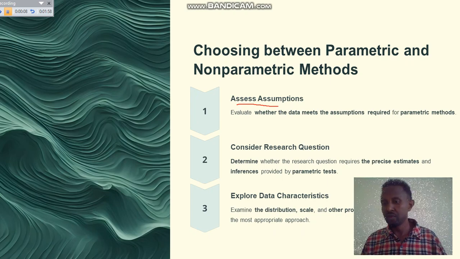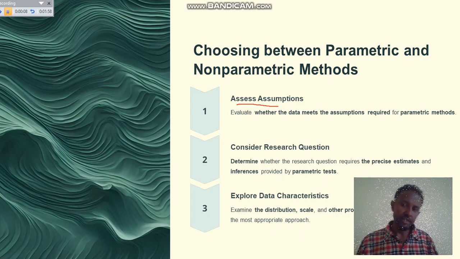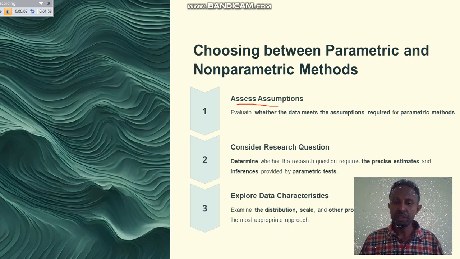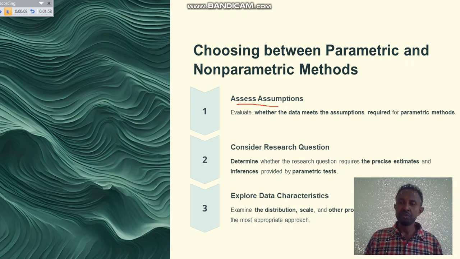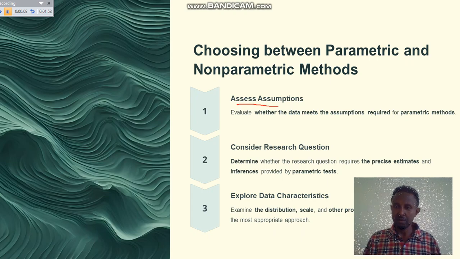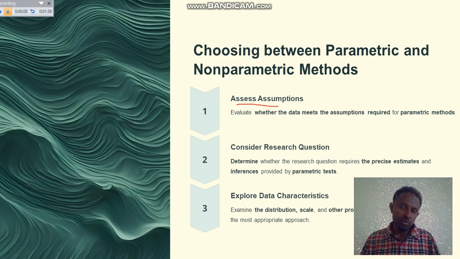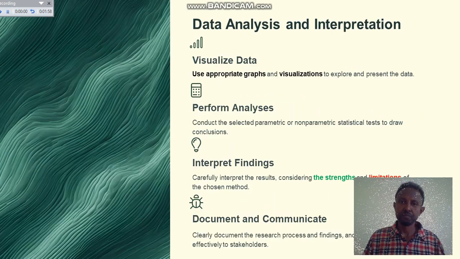Particularly, the specific research question will also guide us on what method to use. The third is to explore data characteristics, the distribution, scale, and others. For example, if we use numeric data, it's obvious that we use the parametric, not the non-parametric. If it is qualitative, we use the non-parametric one.